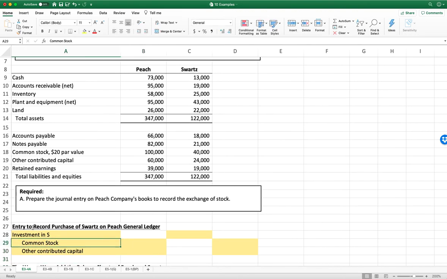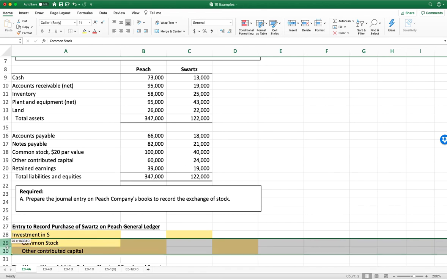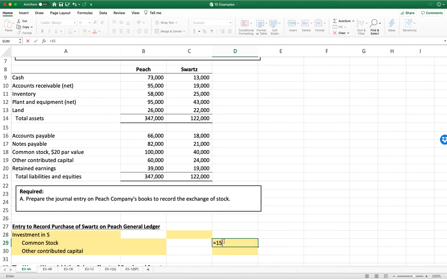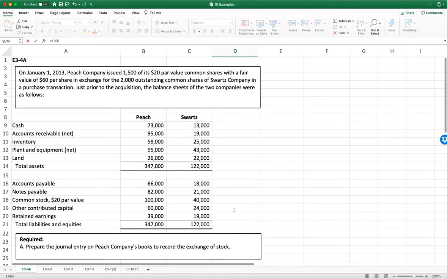So again, we record our investment at whichever is easier to measure. So the value of what we got, in this case the value of the Schwartz shares, or the value of what we gave, which in this case is the Peach shares. Since they only told us the value of the Peach shares, we're going to start there. We issued 1,500 shares, and they told us that was a $20 par value.